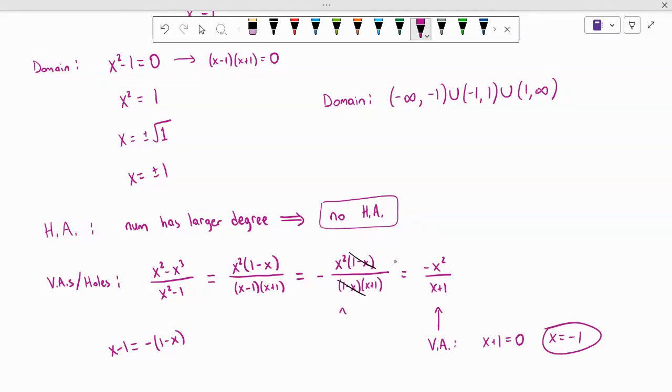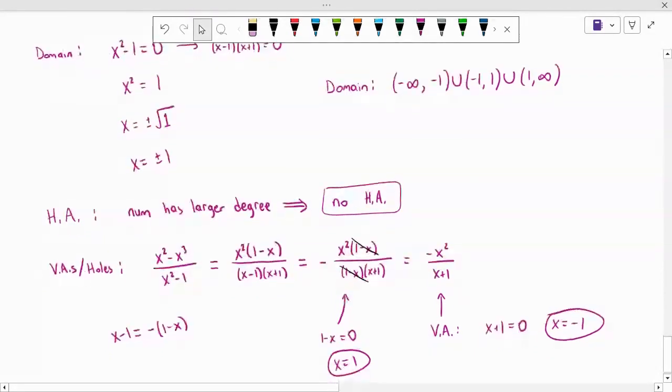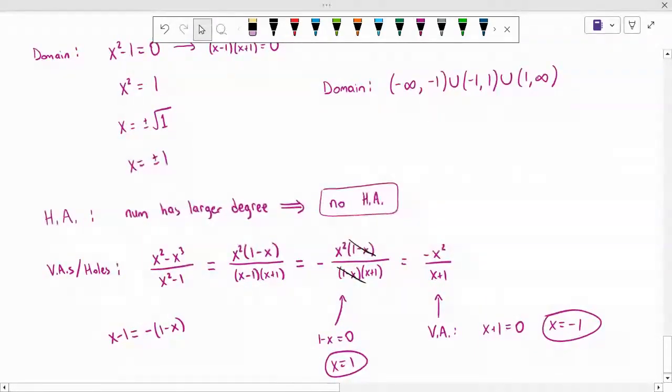But to find your holes, you want to look at what got canceled out. What got canceled out was the 1 minus x. If you set that equal to 0 to solve for x, we get x equals 1 as the location of the hole, okay?